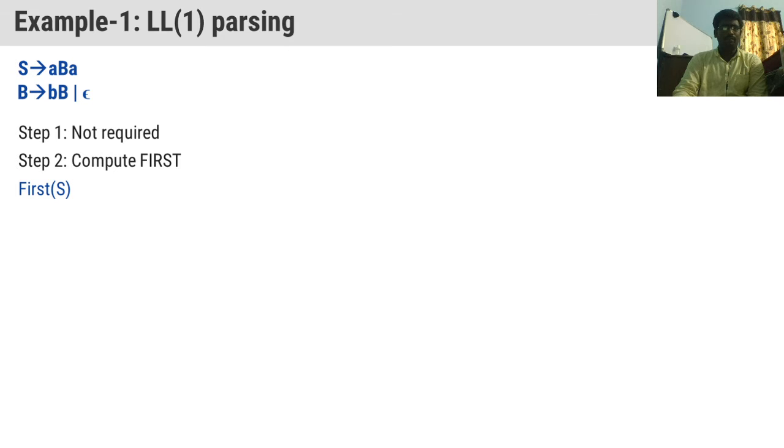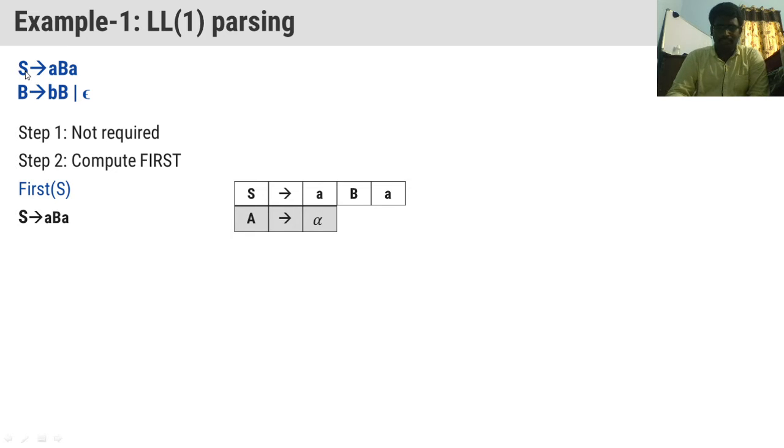We have seen the rule. We are going to find out the first set for S. First of S equal to, what is the production we have? S implies small a capital B small a. If any production is in the form A derives alpha, then we add alpha to the first of A. Suppose I would like to find the first sets only for the non-terminals.